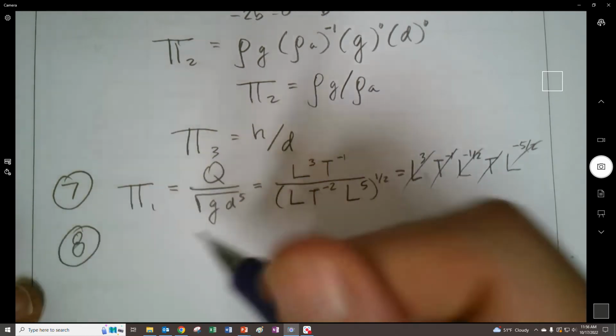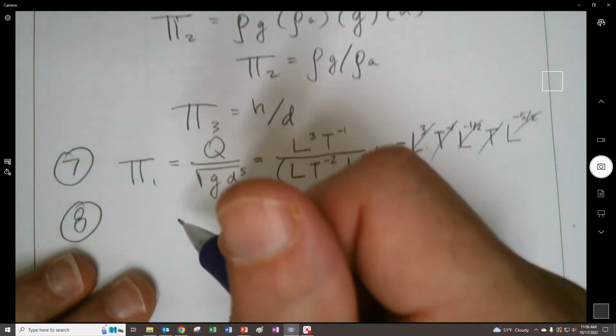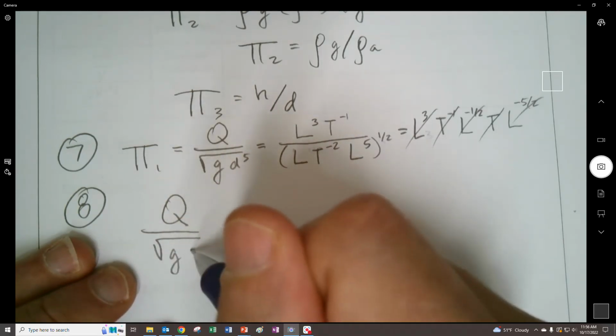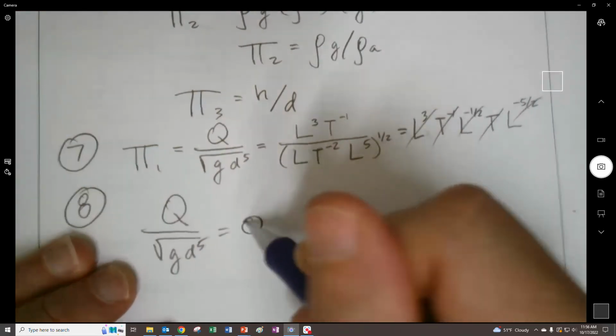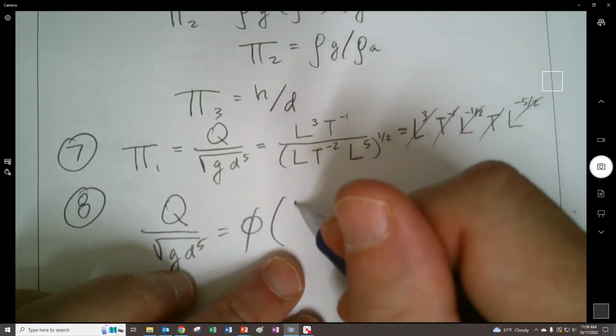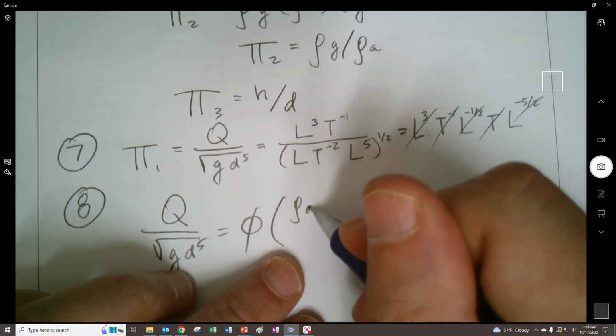And then lastly, let's write out our statement here. We're really saying this pi term is a function of these 2 pi terms.